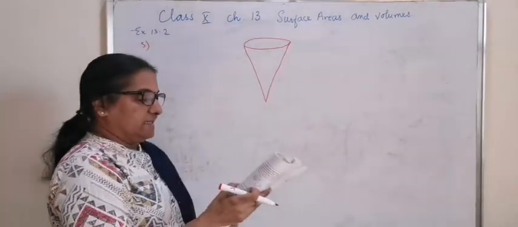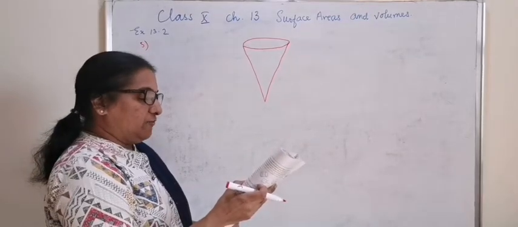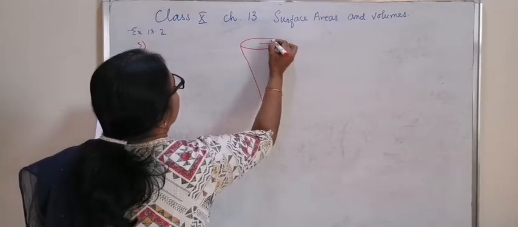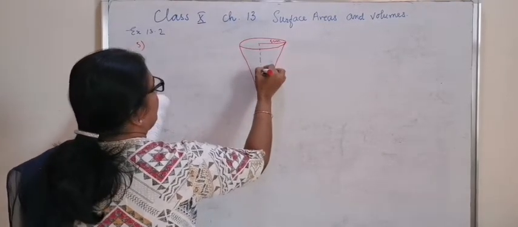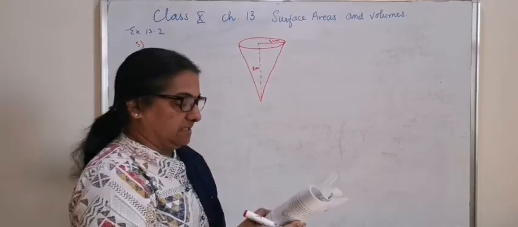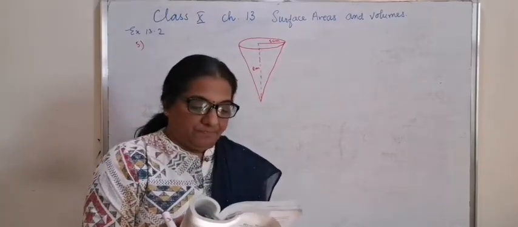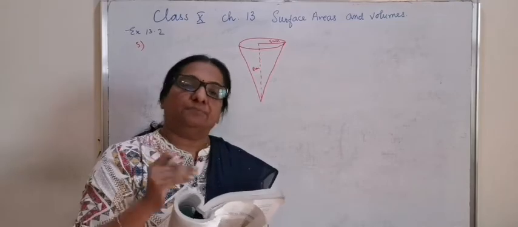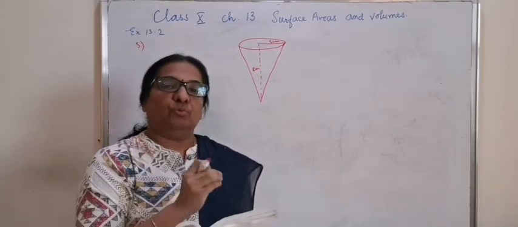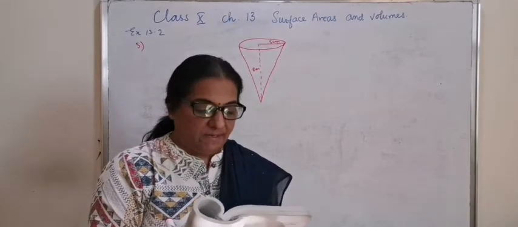Its height is 8 centimeter and the radius of its top, which is open, is 5 centimeter. And then it is filled with water up to the brim. So immediately we can find out the volume of the water in this conical vessel.